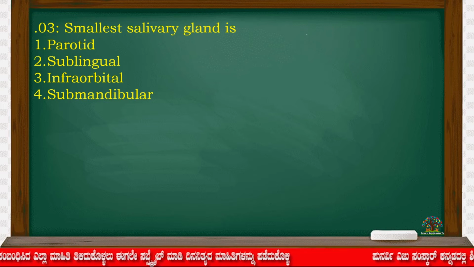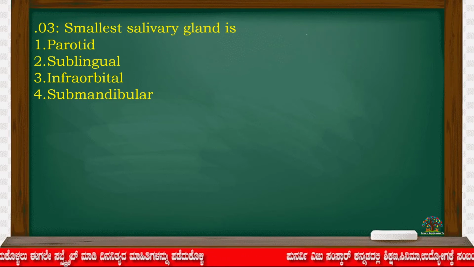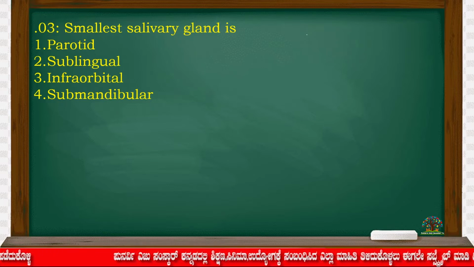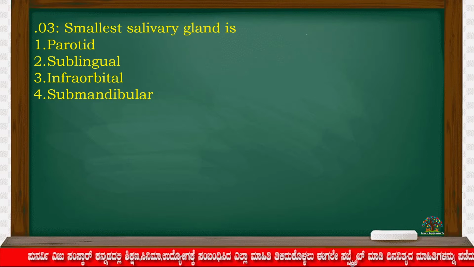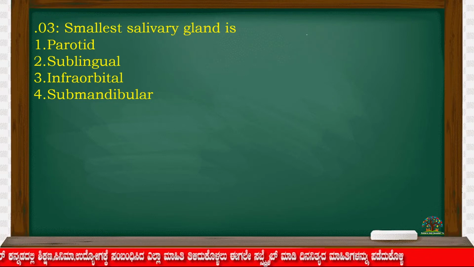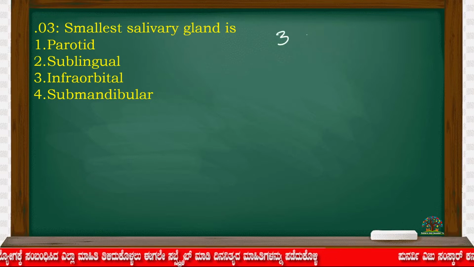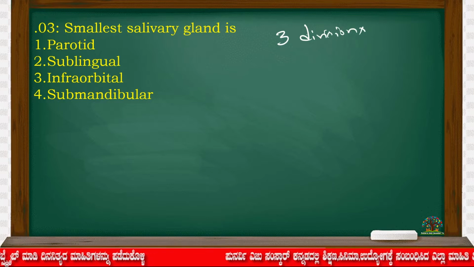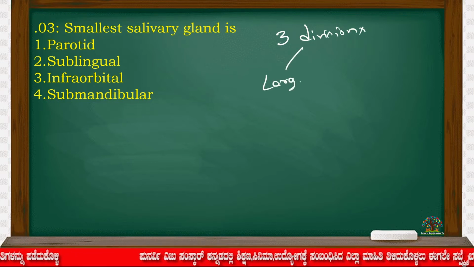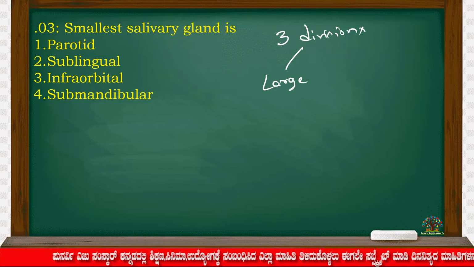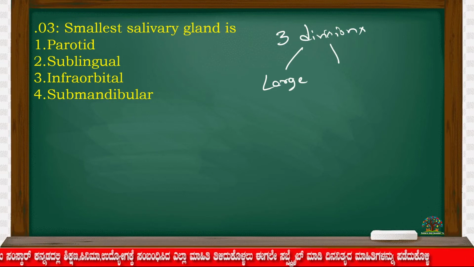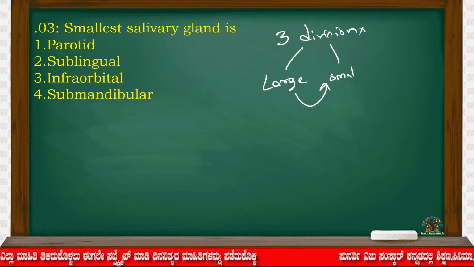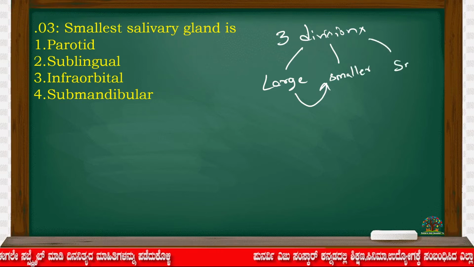Question number 3. Smallest salivary gland is? The options are parotid, sublingual, infraorbital, submandibular. Salivary glands in case of human beings have three divisions, out of which one is large, second one is a little smaller when compared to the first gland, and third is the smallest.